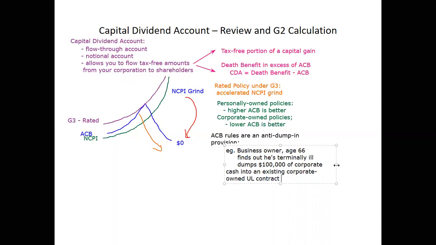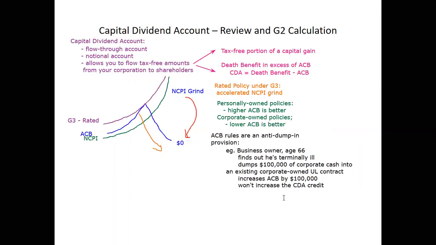It's not a wise move necessarily, because you're going to increase the ACB by $100,000. And it won't increase the CDA credits. Okay, that's really the dump in this is designed to prevent. Does that all make sense?